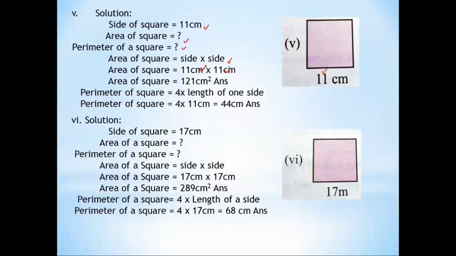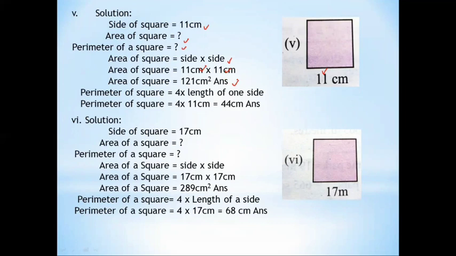If you multiply 11 by 11, it will come 121. And multiplication of centimeter again with centimeter will also come square centimeter. Here the area of the square comes out 121 square centimeters.